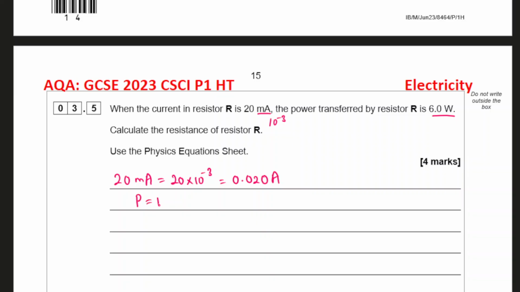Now using P equals I squared R, I should be able to find the resistance because I've got the current and the power. So power, 6, equals 0.02 squared multiplied by R. Rearranging the equation, R equals 6 divided by 0.02 squared.